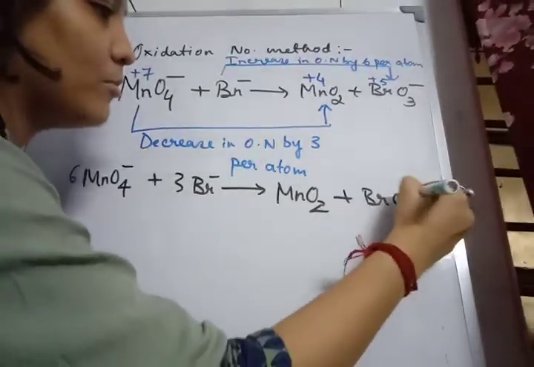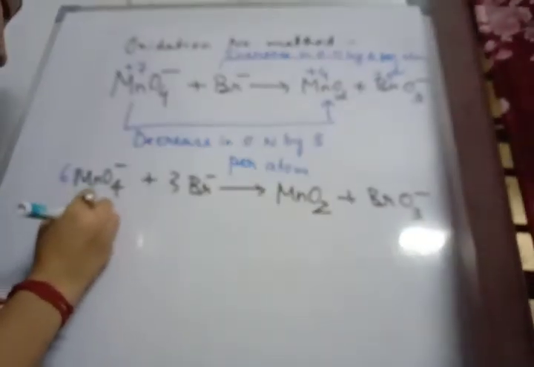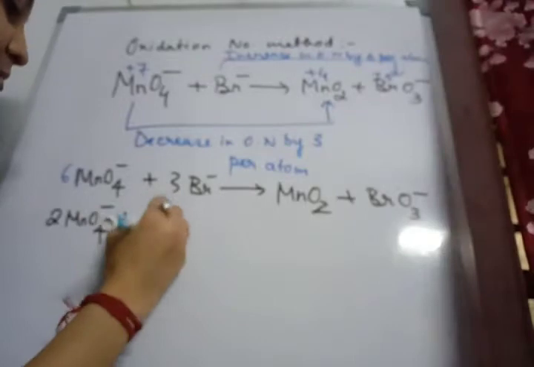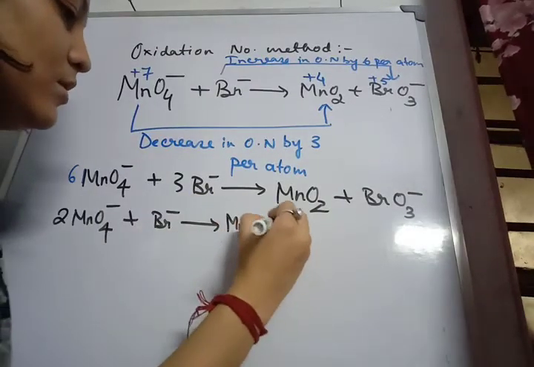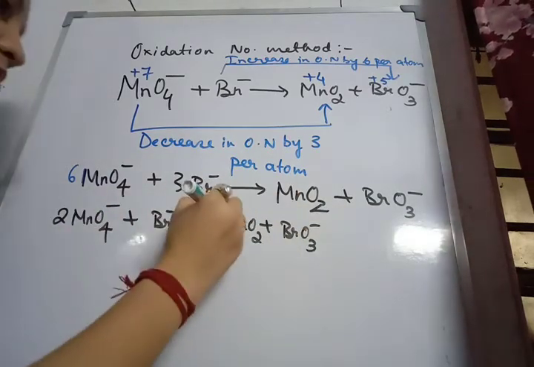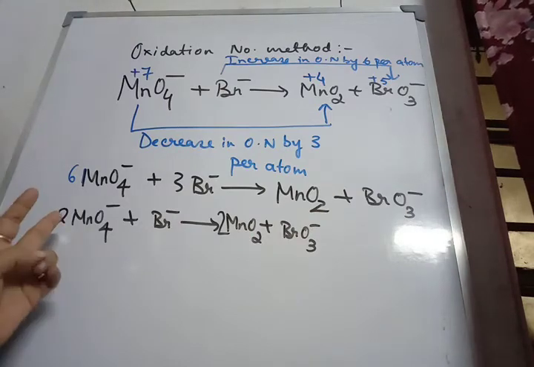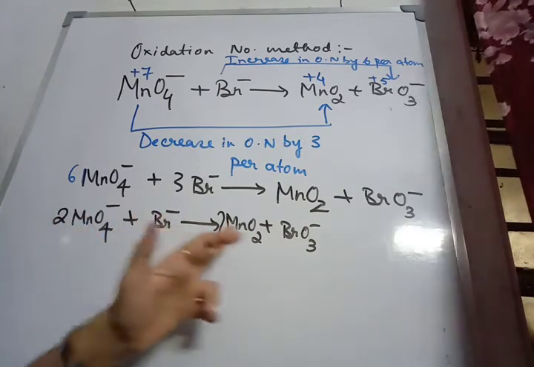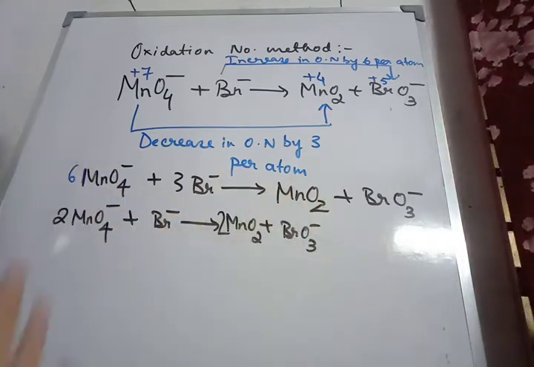Or I can take the common factor. I can write here as 2 MnO4 negative plus Br negative arrow MnO2 plus bromate ion. Now the equation is balanced atom wise except oxygen and hydrogen. Left hand side we have 2 manganese, right hand side also 2 manganese. Left hand side I have 1 bromine, right hand side also 1 bromine.